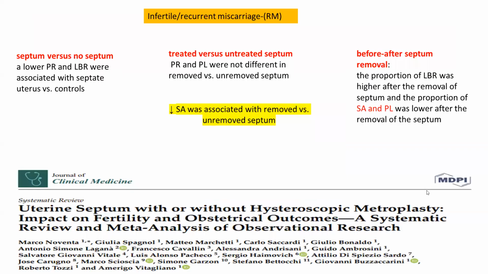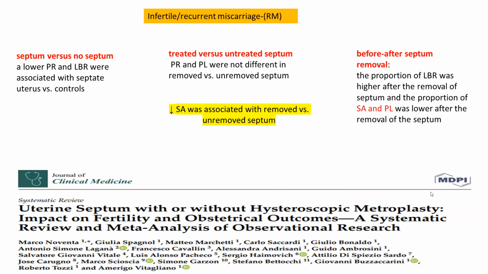But if he stops cutting the septum due to insufficient evidence, I give him this meta-analysis and systematic review that shows that a patient with a septum has a lower pregnancy rate and lower live birth rate compared to patients without septum. This is the first result of the systematic review assessment of the previous studies.